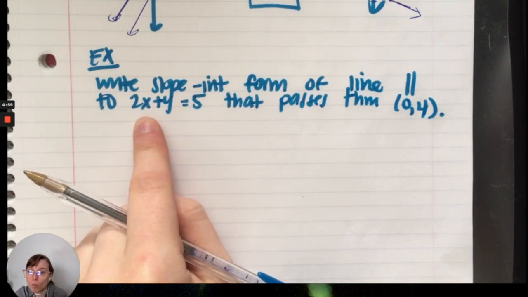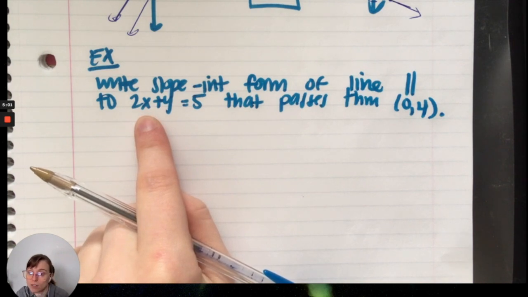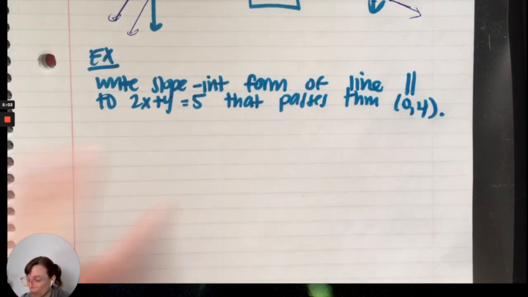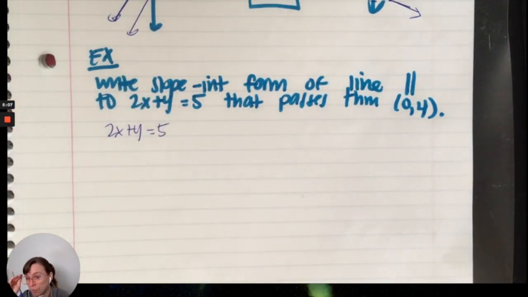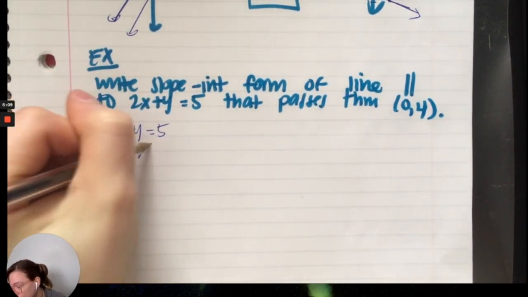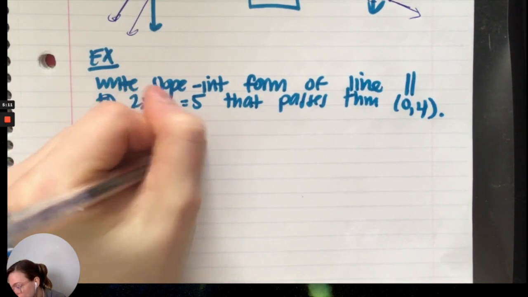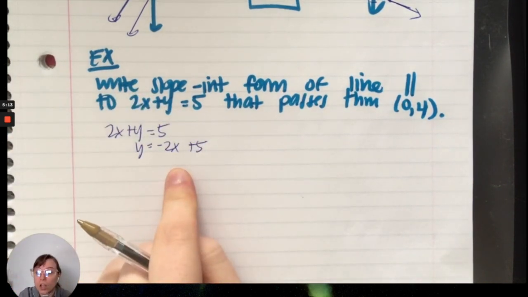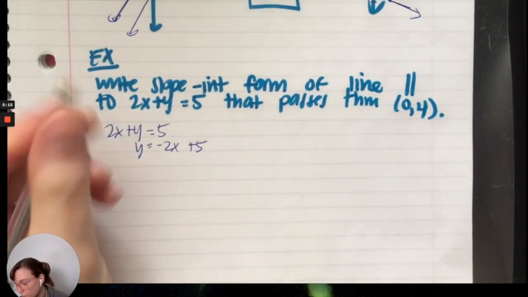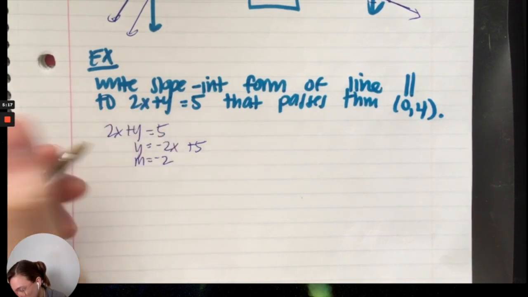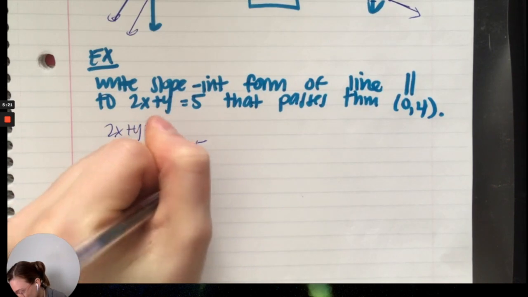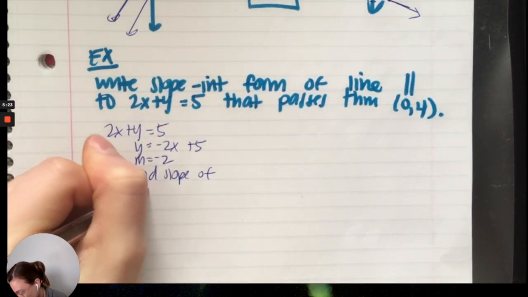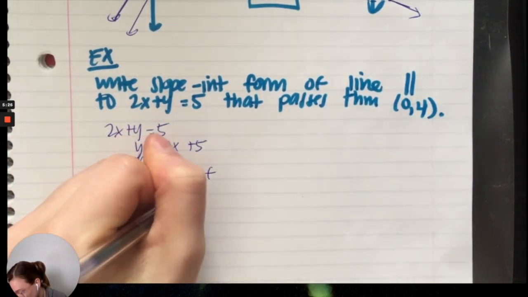So I don't already know the slope because this form does not give me slope. But I can take the 2x plus y equals 5, and if I rearrange it, now what form is it in? Slope-intercept. So what's the slope? Okay, so I found the slope of the original line.